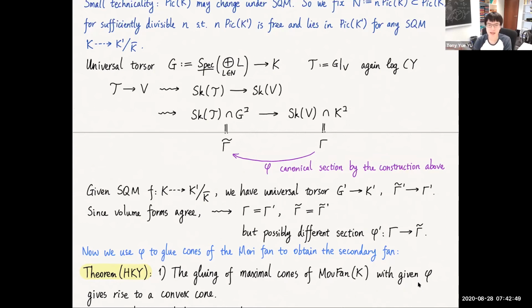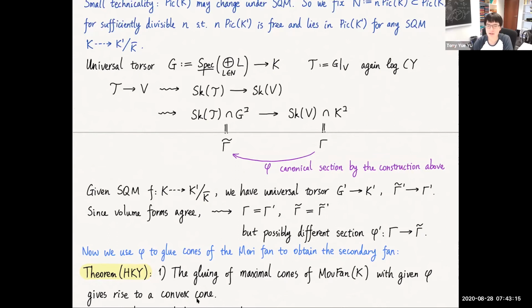So we have a fan and we glue cones with the same section phi. And the theorem says that we obtain a convex cone. So this gives the coarsening on the moving part of the Mori fan.